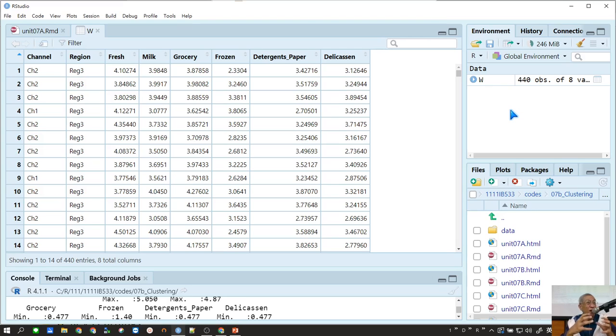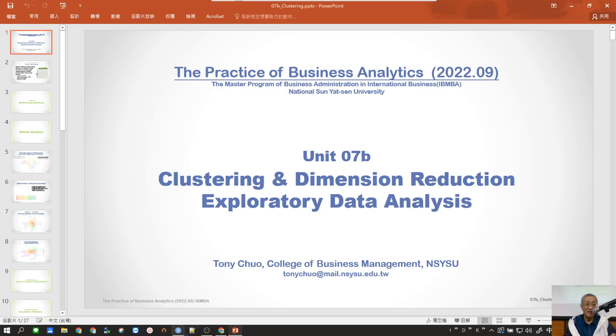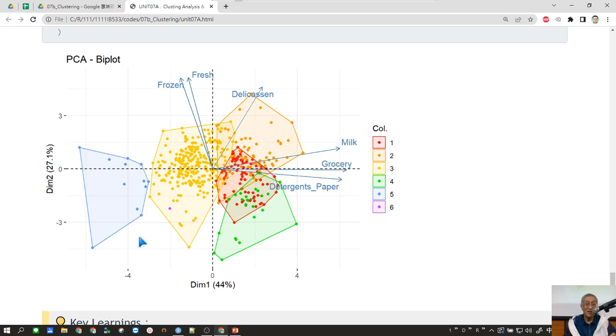After we apply this algorithm to this data, we can have a better idea about the buying behavior of our customers. Get the point? This is the purpose of clustering and dimension reduction. Any question?